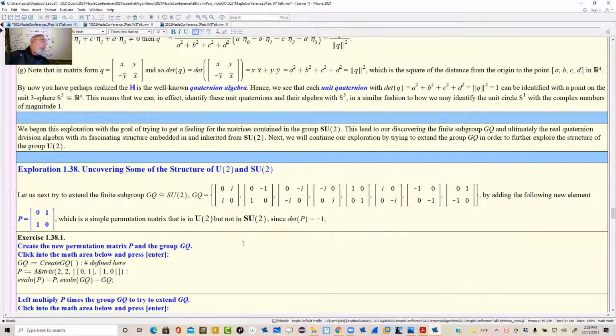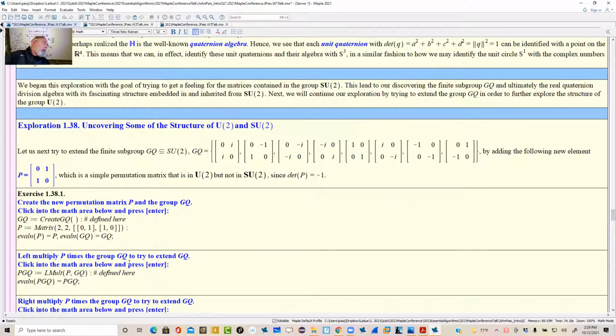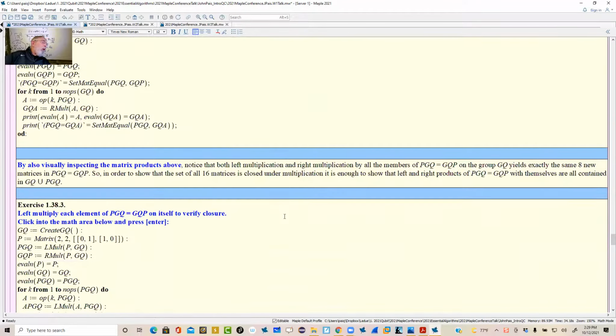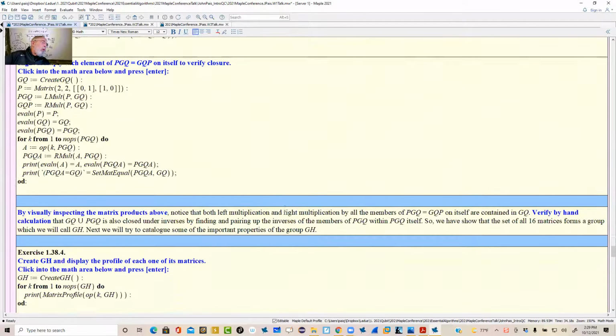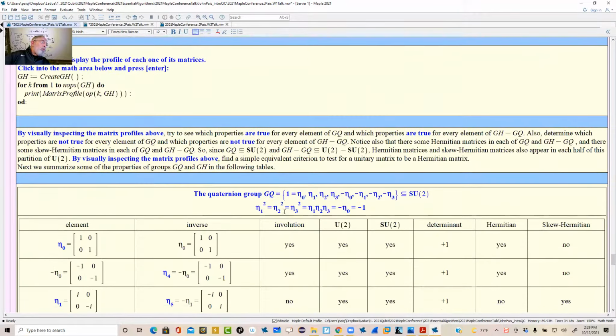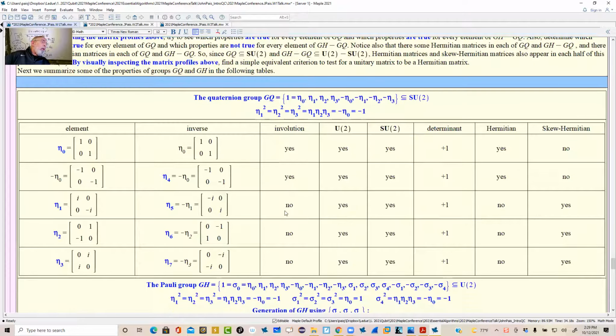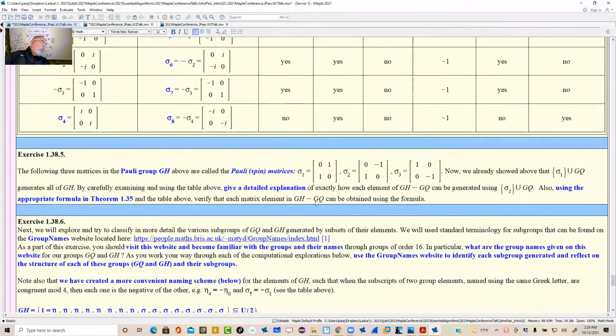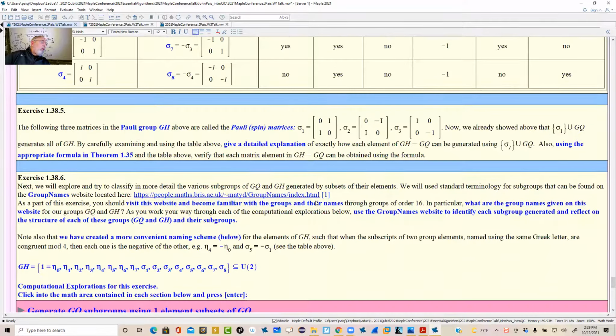I'm going to throw it into that group and see what we generate. That's what all these exercises are about. As you probably know, when you get done with all that, we end up generating the Pauli group, which is a group of order 16. The Quaternion group is a group of order 8. I detail all that in a table here, and we're off and running with our various groups.